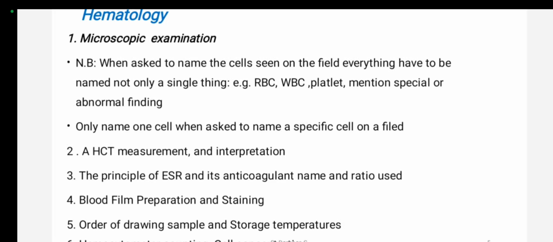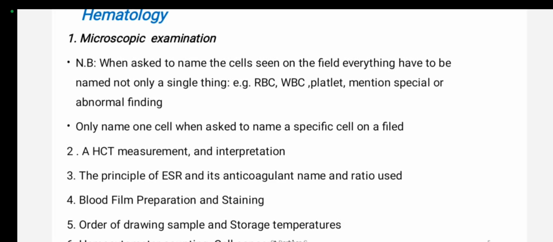But if you are asked about a special kind of cell or abnormal cell, we may need to mention only that cell. But if you are asked to state all of the things that we see, we have to state all. Okay, with the WBC, platelets, abnormal cells. So we have to name all the things that we need.